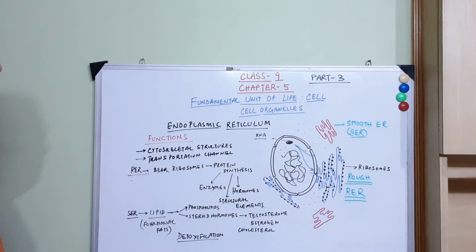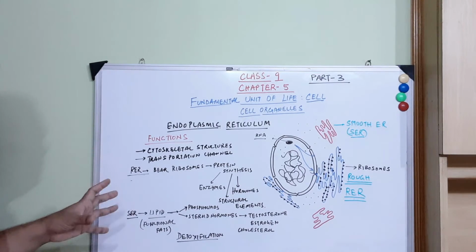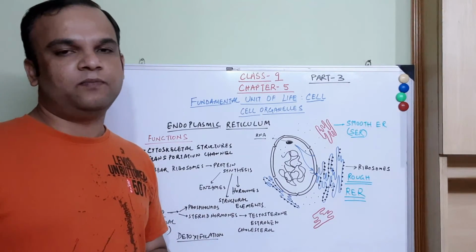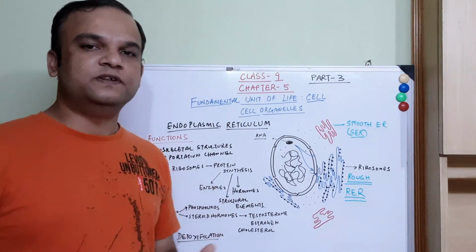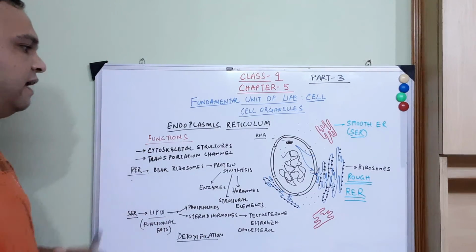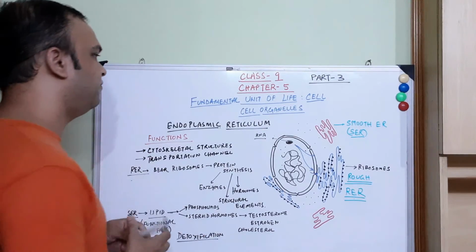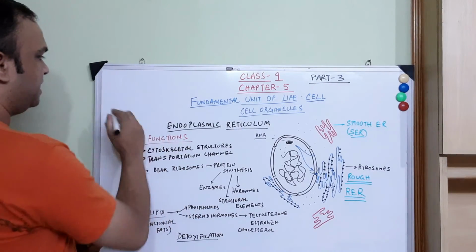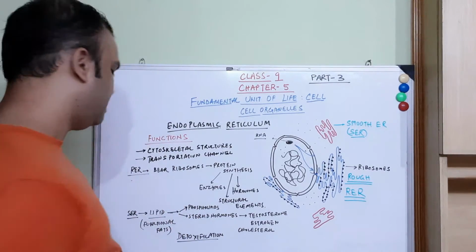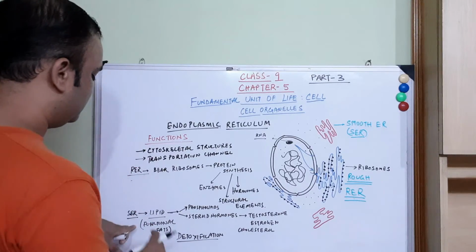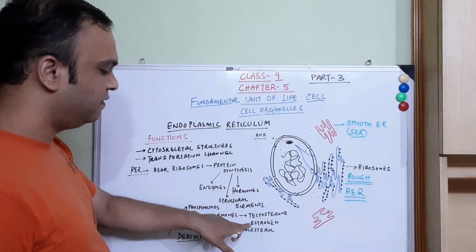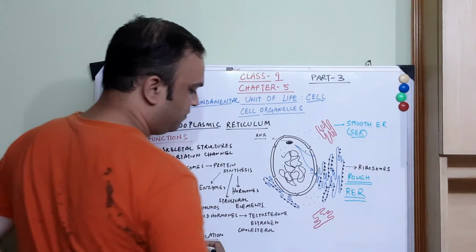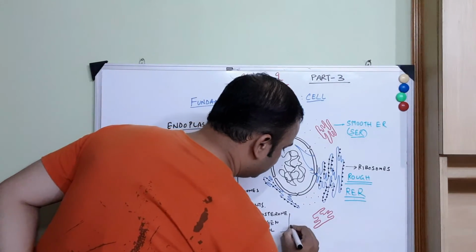So this is how the smooth endoplasmic reticulum and the rough endoplasmic reticulum play an important role in the cell physiology and machinery. Apart from that, we will understand a small topic like where they are found in large amounts. Both of them are actually found at different places. The smooth endoplasmic reticulum, because it is helpful in the production of hormones like testosterone and estrogen, is present in the gonads.